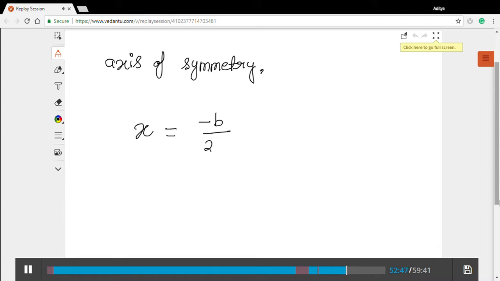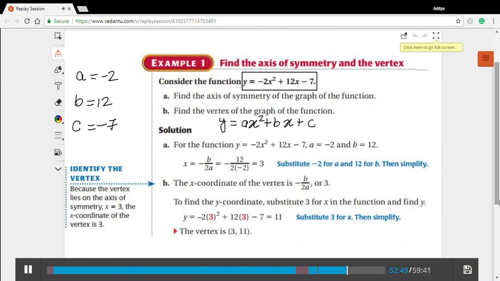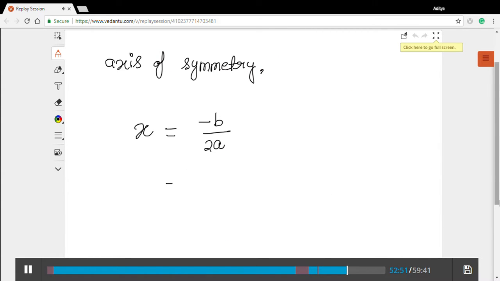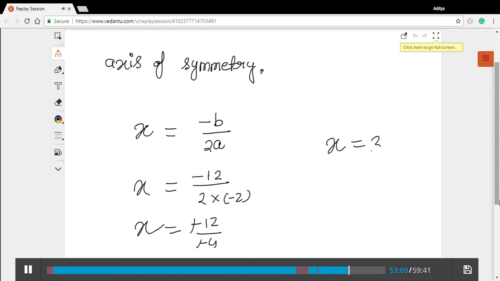The b value was 12, and for 2a, a is just negative 2. So we have negative 12 over negative 4. So x is equal to 3. That is the axis of symmetry.